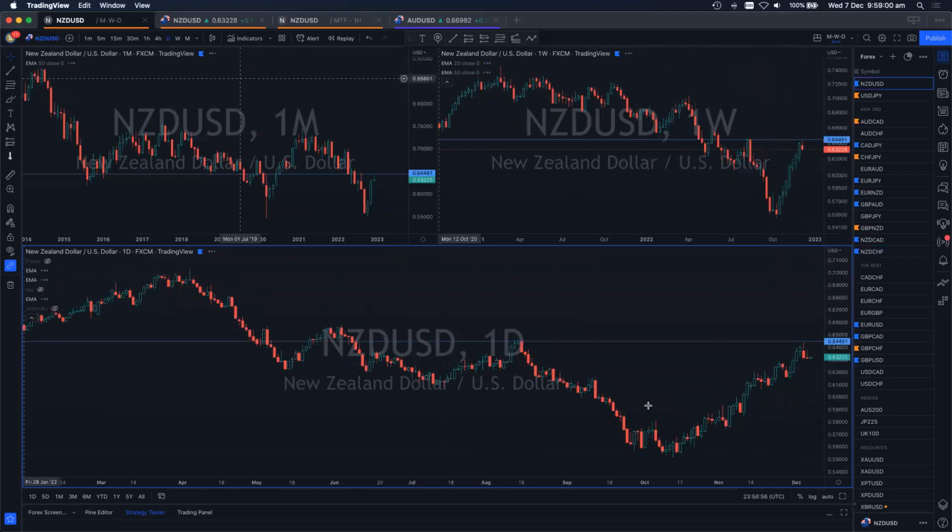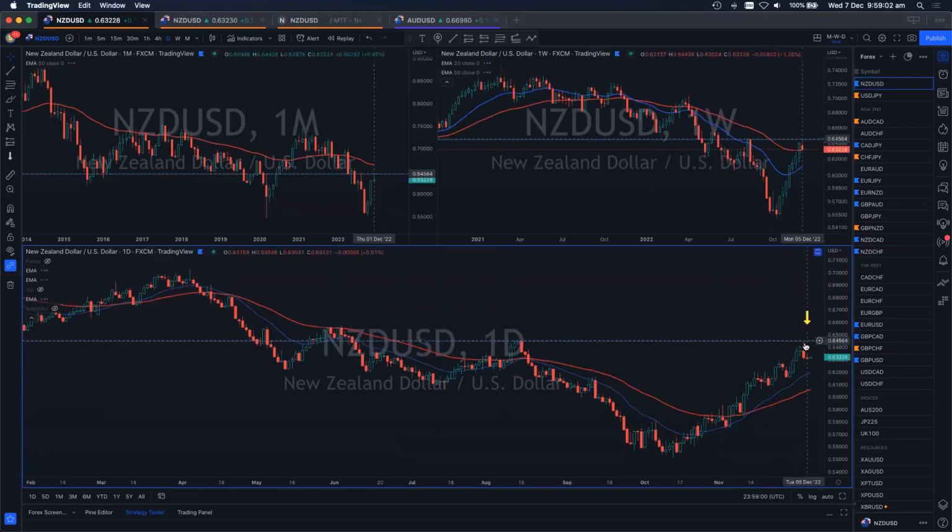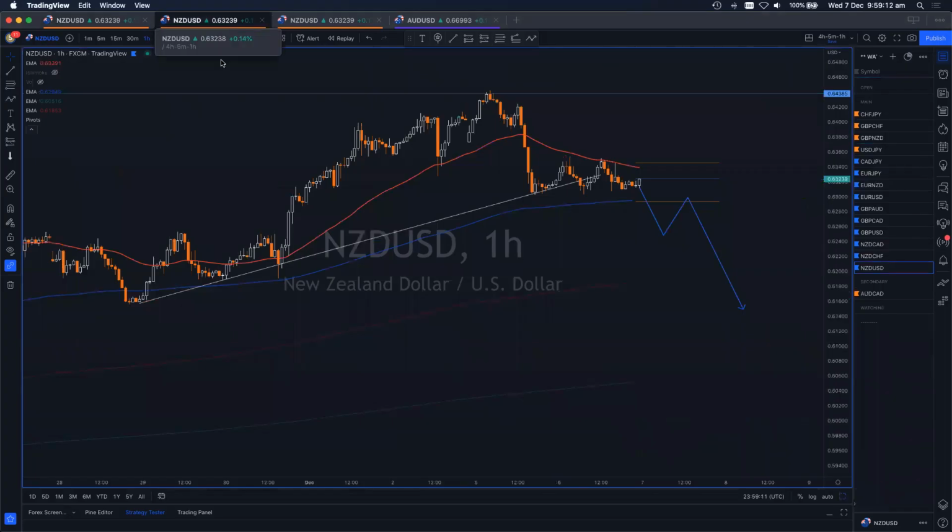Last one we look at is Kiwi dollar. And again, a strong level's been rejected. Not a great candle yesterday, a little bit of a nothing candle. The 1 hour has seen this trend line being broken, and that's kind of disregarded now.